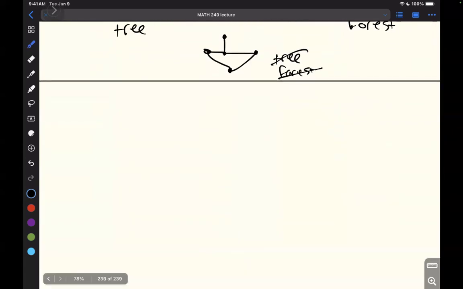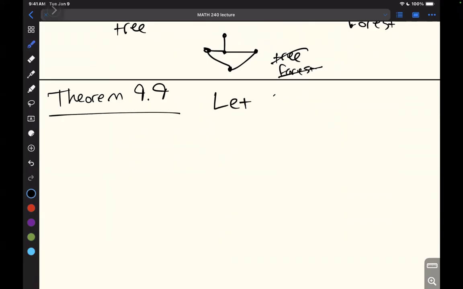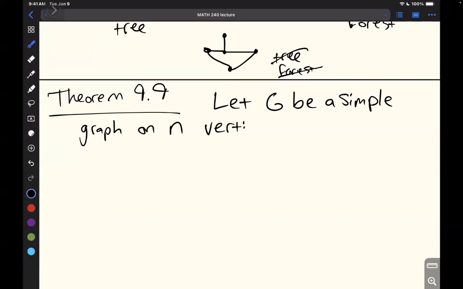Okay. Got a theorem for you. Theorem 9.9, which says, let G be a simple graph on n vertices. Then we say if G is connected, we're trying to say something about the number of edges.